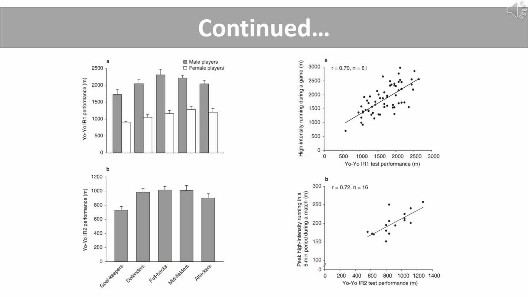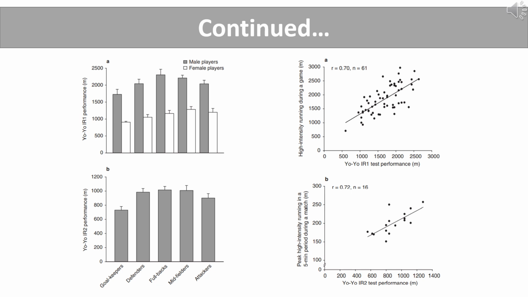If we then consider outfield players only, we can see that the highest values typically come from the fullbacks and the midfielders, which again is probably not a huge surprise given that the fullbacks are often chasing up and down the wings to support our attackers, help get crosses in, and of course chase back for their defensive duties as and when is needed.